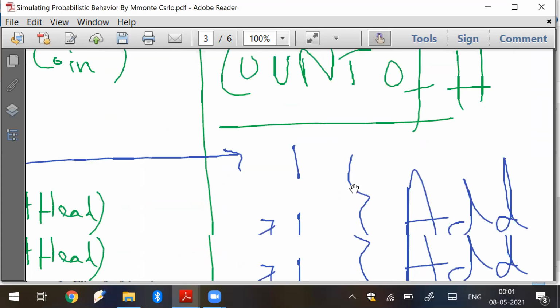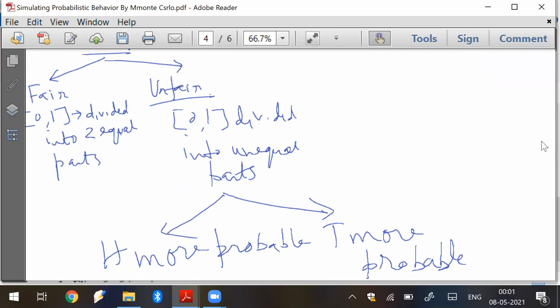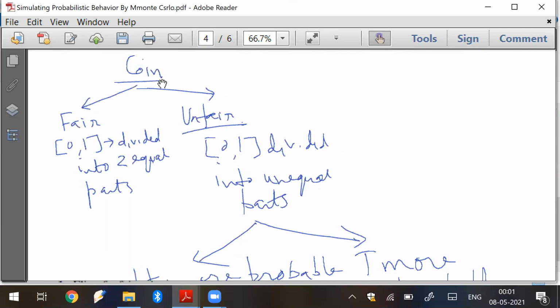Now the question is, as I already said, a coin toss can be fair or unfair, depending on whether you are using an unbiased coin or a biased coin. Depending on that, the 0-1 interval is divided into two equal parts if you are doing a fair coin, and if you are considering an unfair coin, then it is divided into two unequal parts.